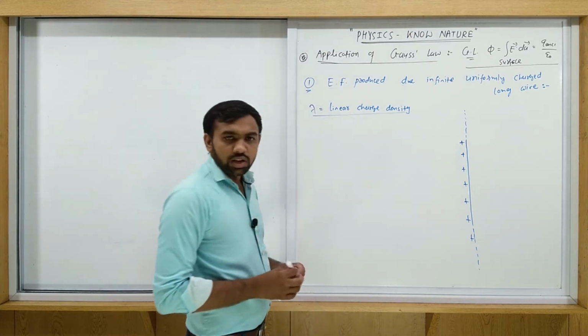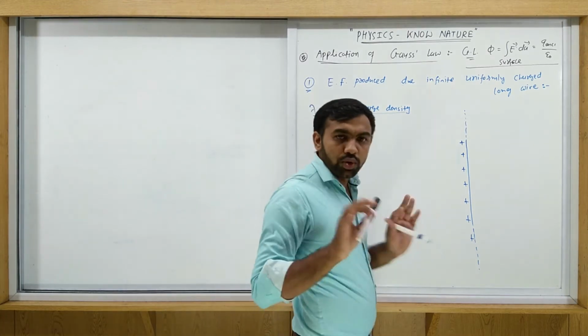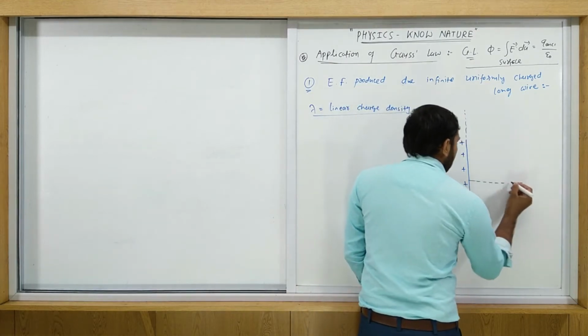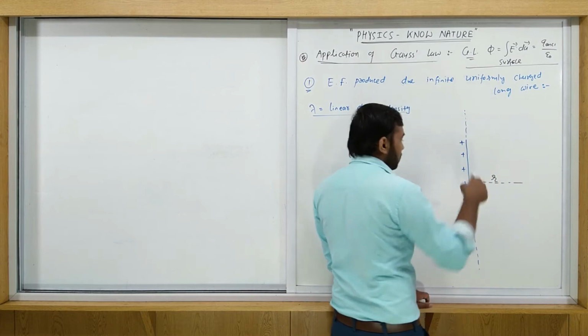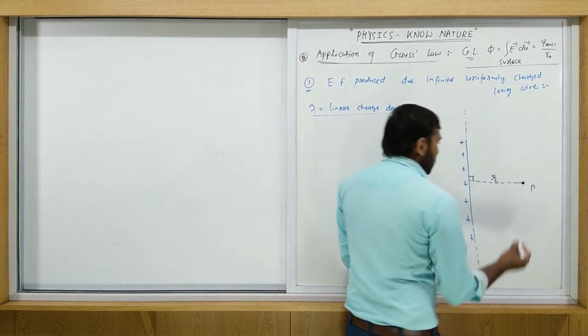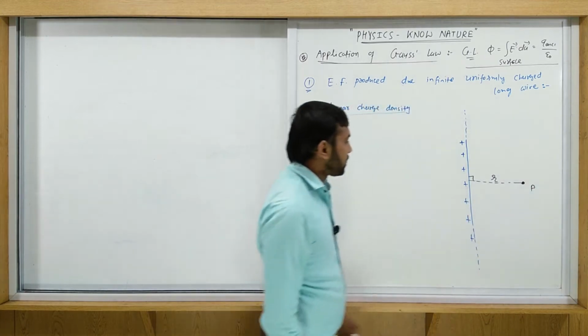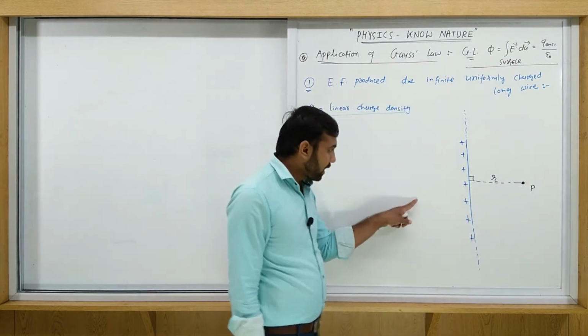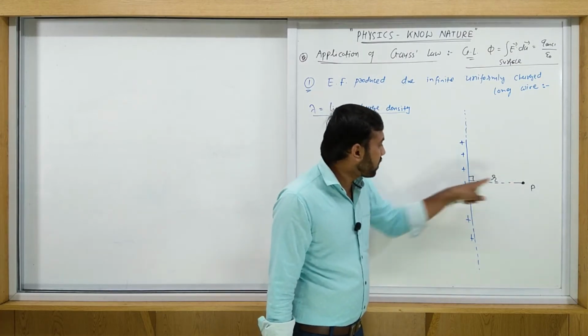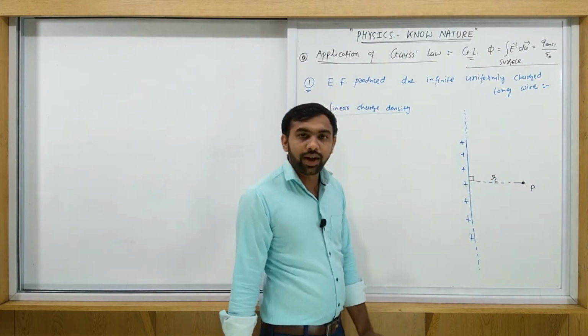That's just an assumption. Now suppose you have to find the electric field at some perpendicular distance r from this wire, at a point P.